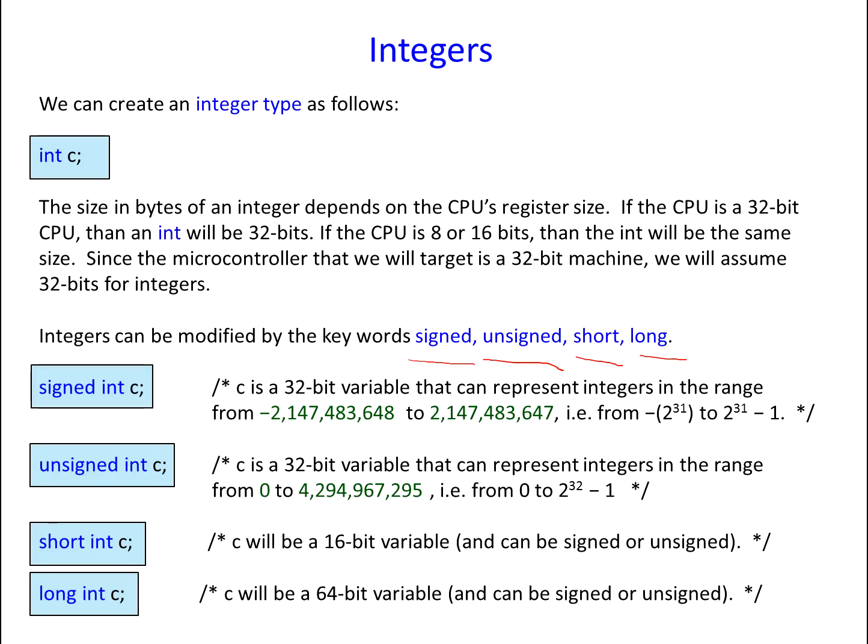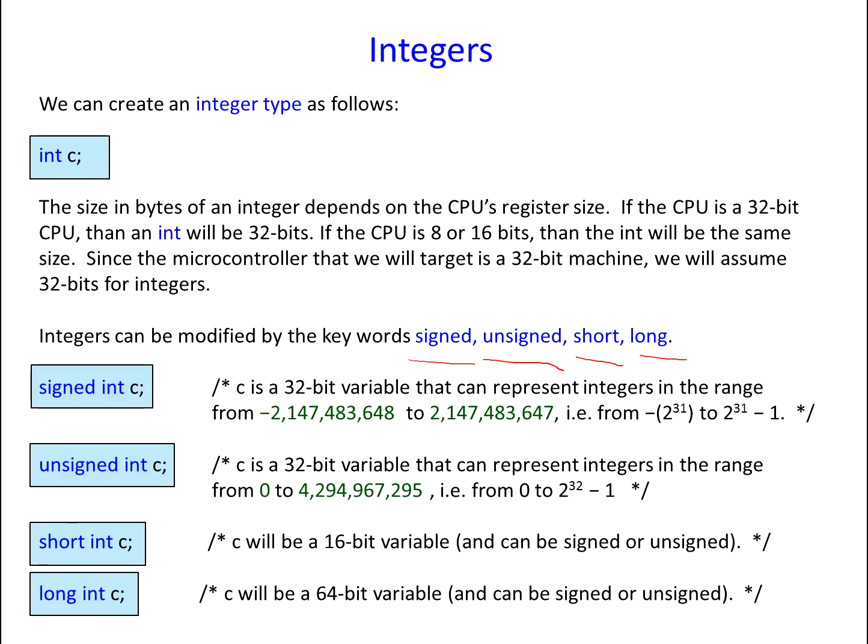So if we're talking about a 32-bit variable, assuming you're running this on a 32-bit machine, it can represent integers from minus 2 billion to plus 2 billion. Now, if you specify unsigned, then you're saying I'm not going to use negative numbers, so I want to go from 0 to a little over 4 billion.